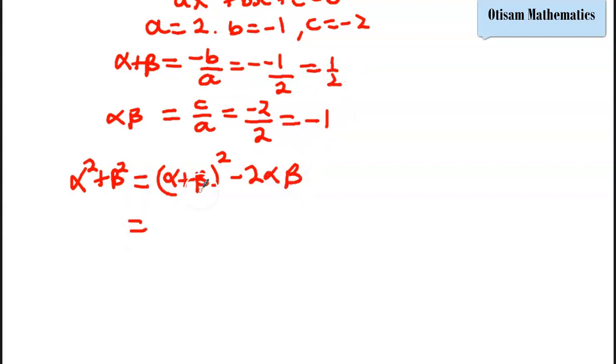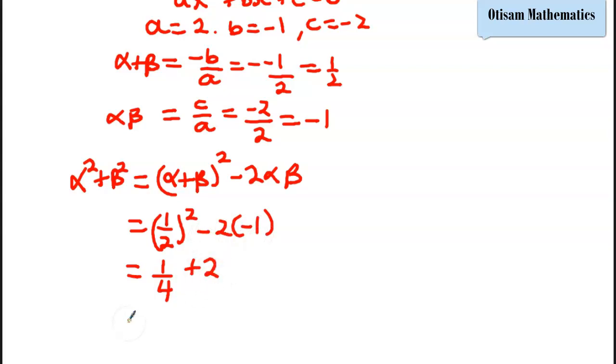We know alpha plus beta, which happens to be the sum, is 1 on 2 all squared minus 2 times minus 1. So this is 1 on 4 minus 2 times minus 1, which is plus 2. So we are getting 2 whole number 1 on 4. So that is the answer.